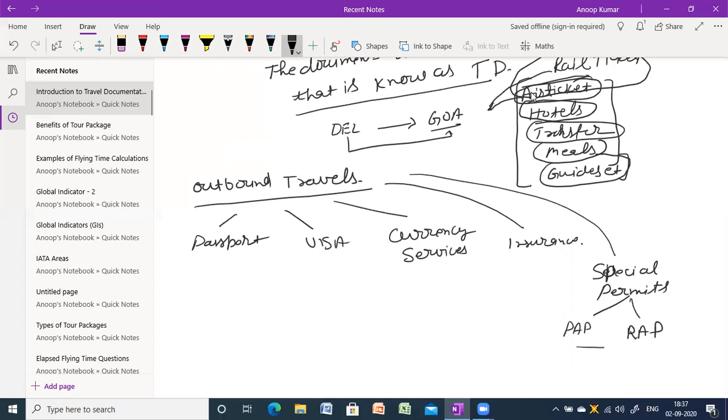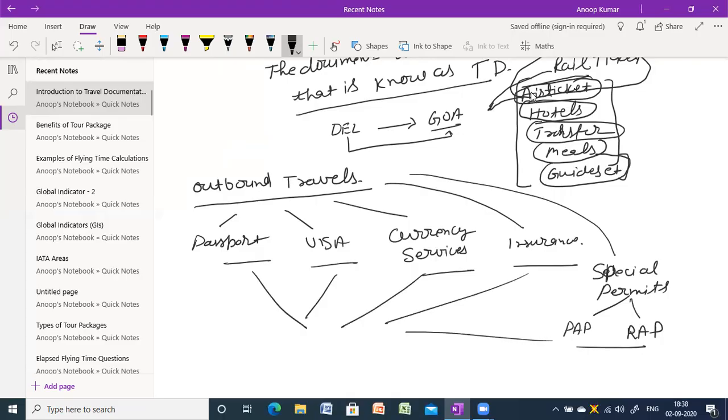So all these things make up the subject which we are going to study, travel documentation.